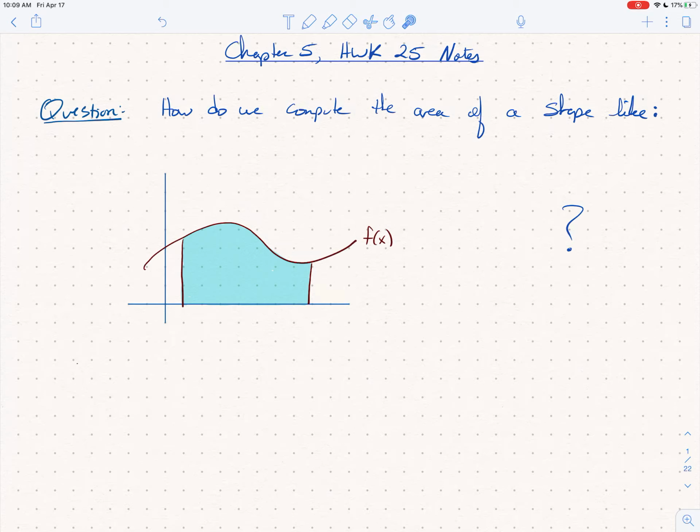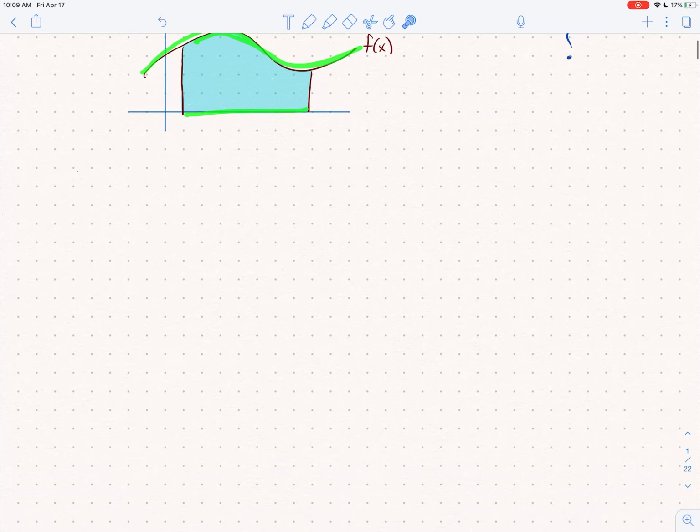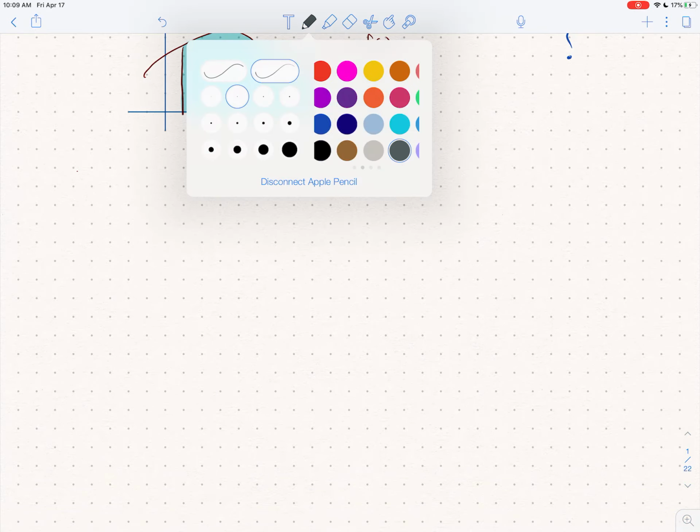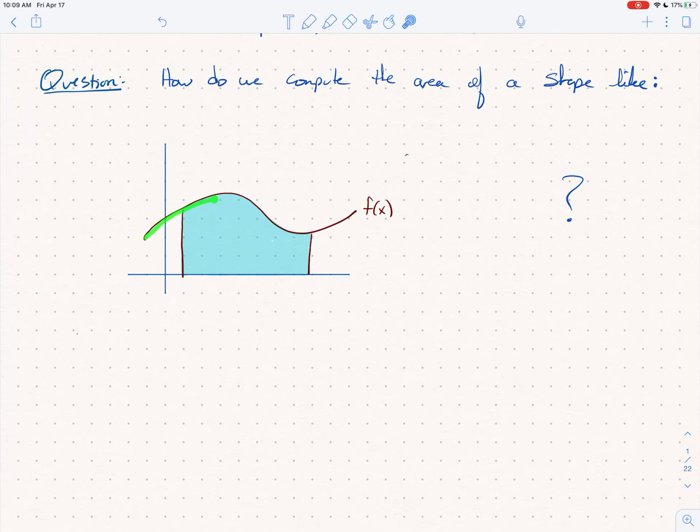So our question: how do we compute the area under this function above the x-axis? Well, the key idea is, let's actually write this down. The key idea is to translate this area that we don't know and capture it in terms of an area that we do know. That's what mathematics is. Again and again, mathematics is taking a problem that you don't know how to solve and finding a way to express it in terms of a problem that you do know how to solve.